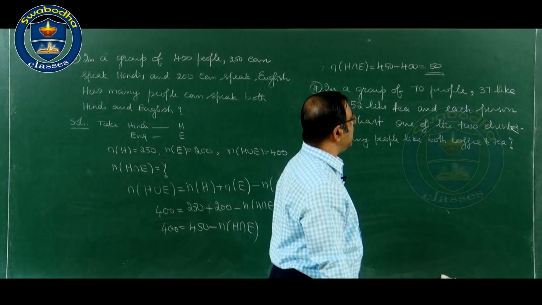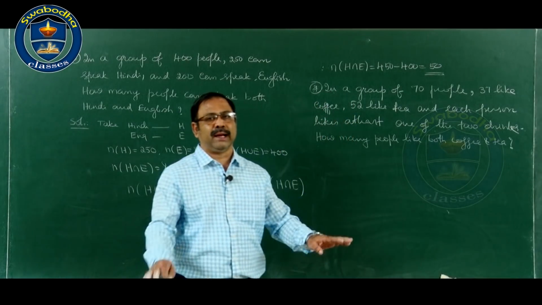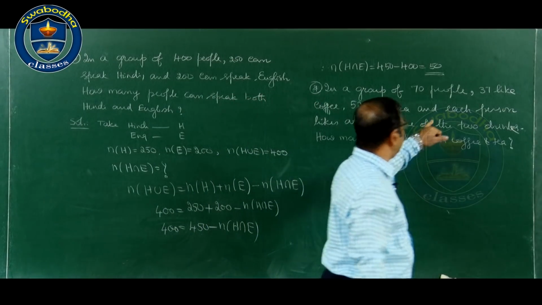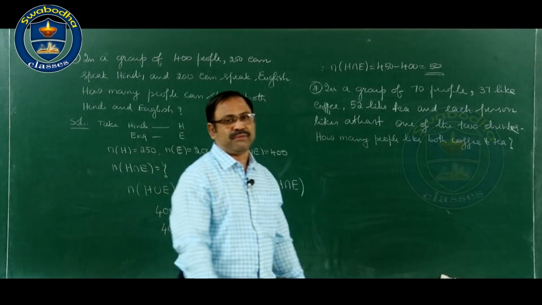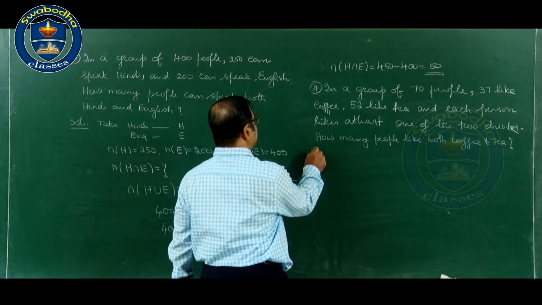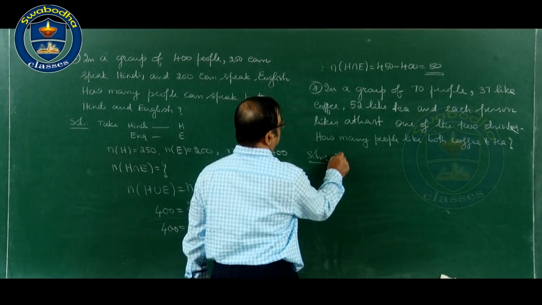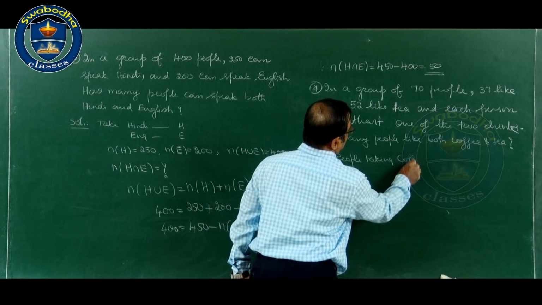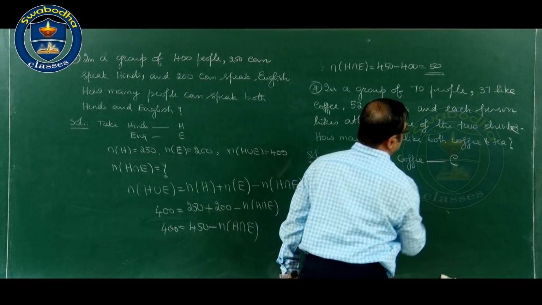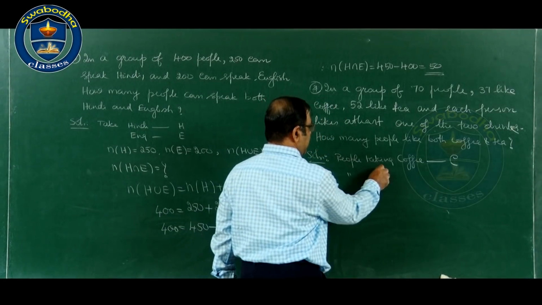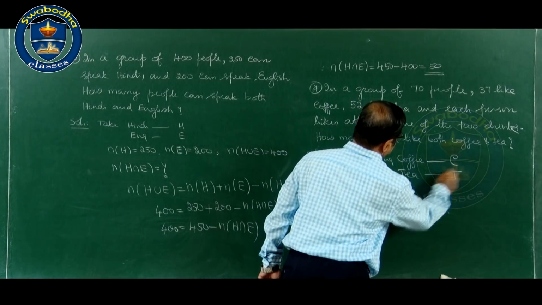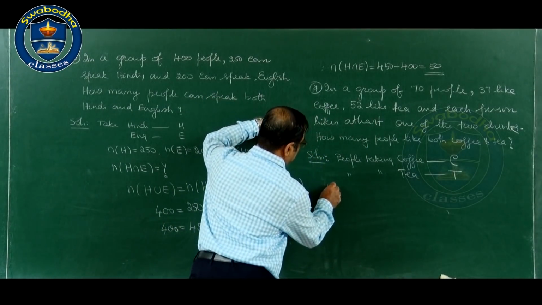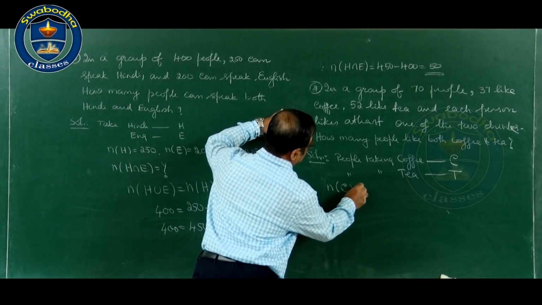So, first once again read the problem. In a group of 70 people, see, at the starting we cannot write anything, we have to read understanding one by one. 52 people like tea and 37 like coffee. So, while writing this, we can write people taking coffee, I write it as C, people taking tea, write it as T. Now, N of C is how much?